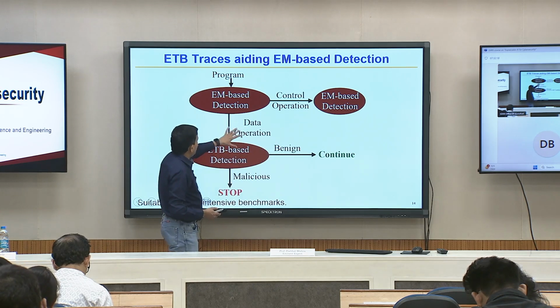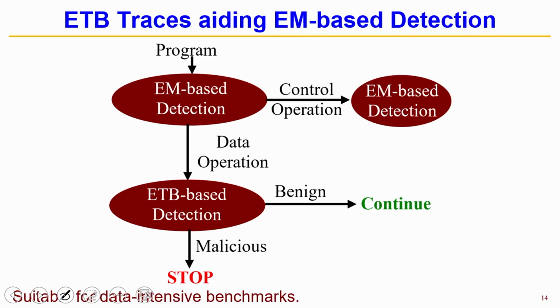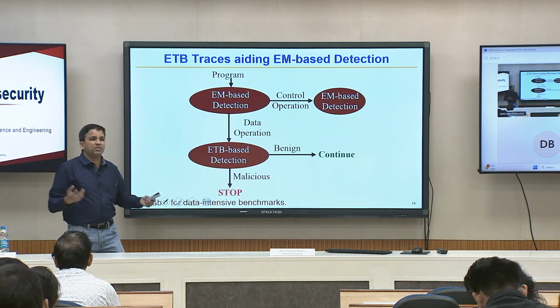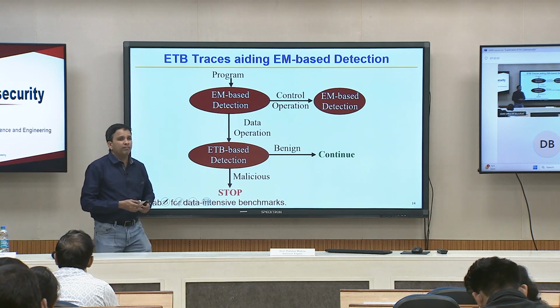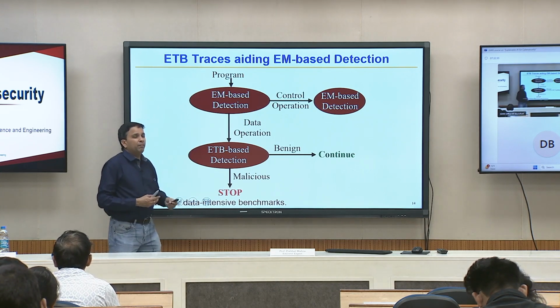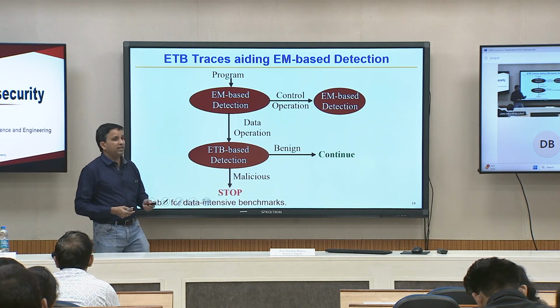If it is a data centric operation, then it is ETB. What is control centric? If you have too many for loops, too many if statements. What is data intensive? Think about all the multimedia code and GPU, a lot of data processing, not too much control flow. Then this kind of method would be a better combination of EM and HPC.